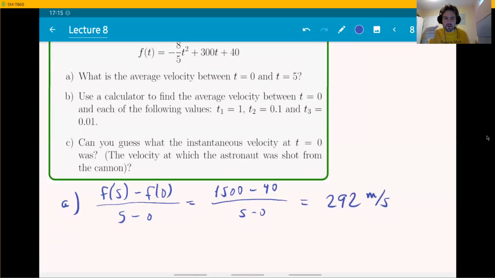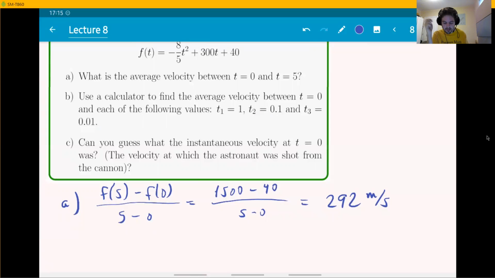Item B is now trying to take us to this idea of instantaneous velocity. Look at what they're saying. Use a calculator to find the average velocity between t equals 0 and now other numbers which are not 5, but rather 1, 0.1, 0.001. We're taking numbers which are smaller and smaller, closer to the number 0, and finding the average velocity over those smaller and smaller intervals.